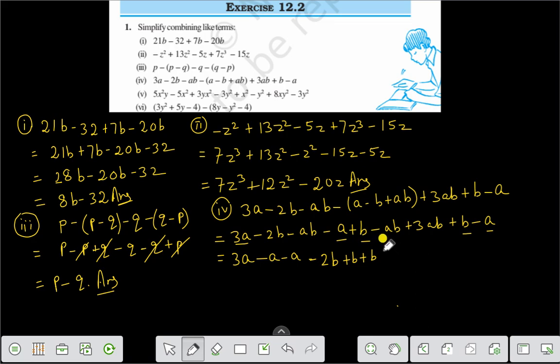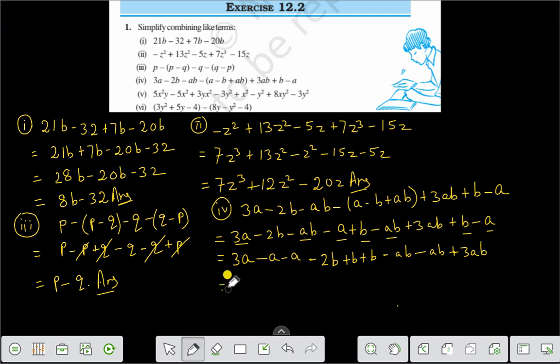Now ab: this is minus ab, and this is minus ab, plus 3ab.